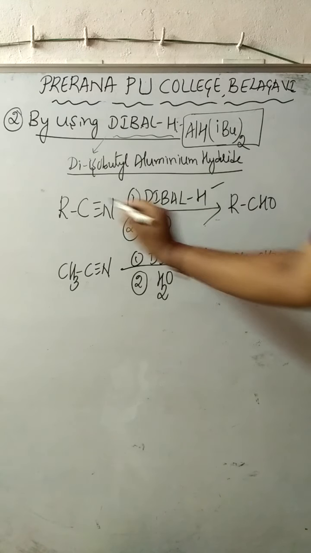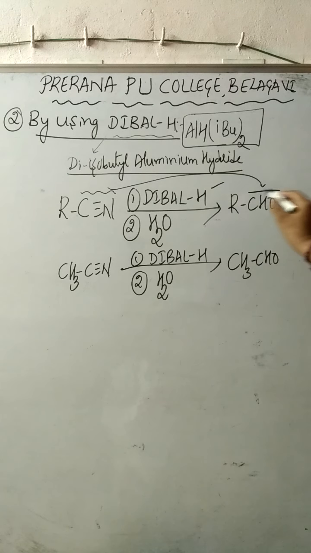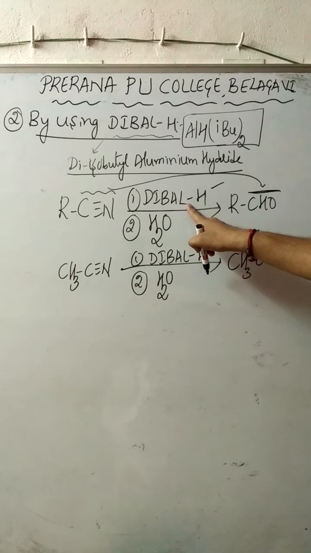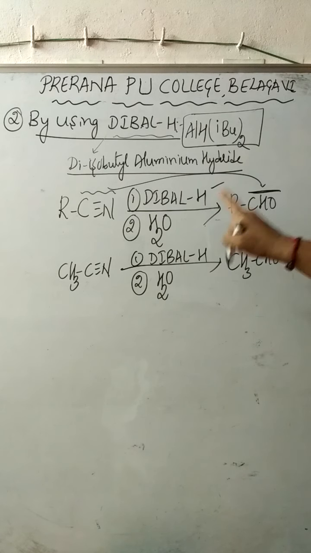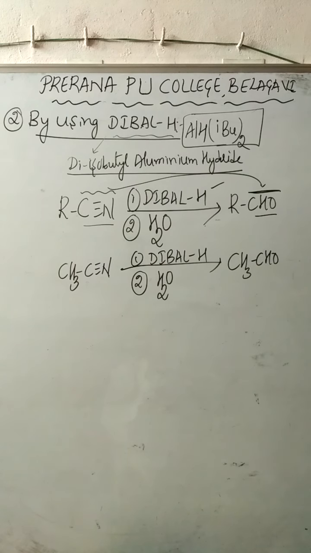Only DIBAL-H has the capacity to convert nitrile to aldehyde. Even if there is any unsaturation present in the given organic compound, DIBAL-H does not influence the unsaturation, but directly converts nitrile to aldehyde.